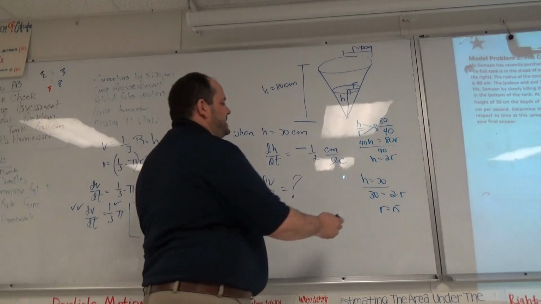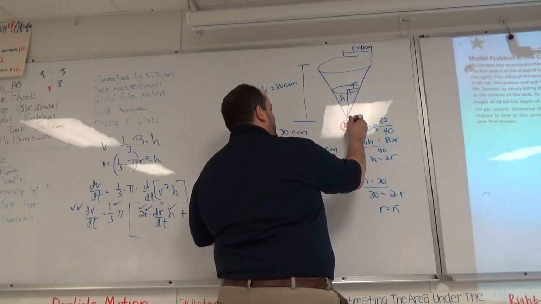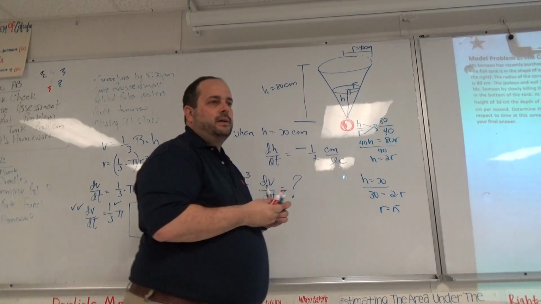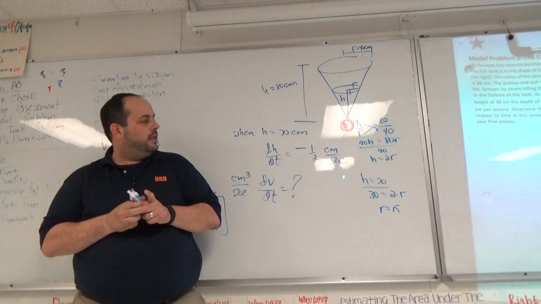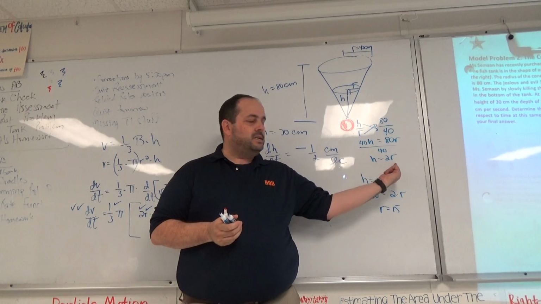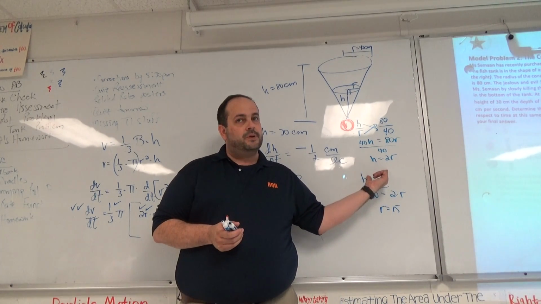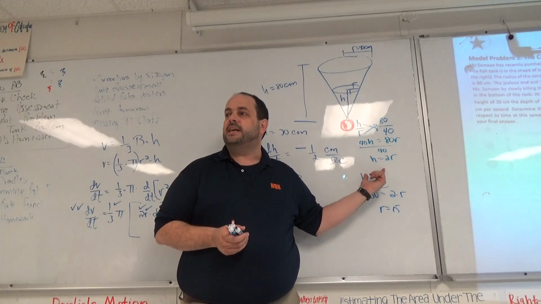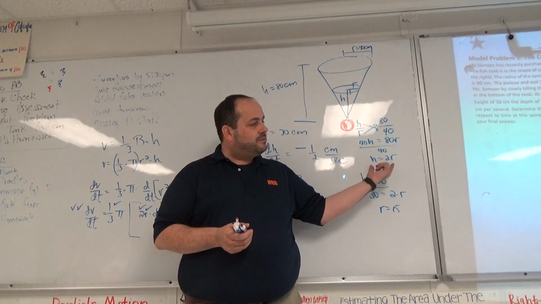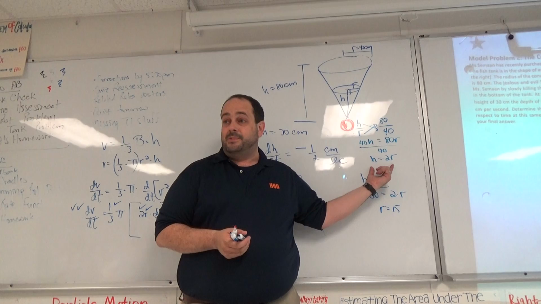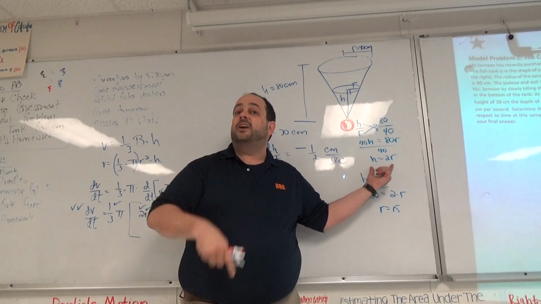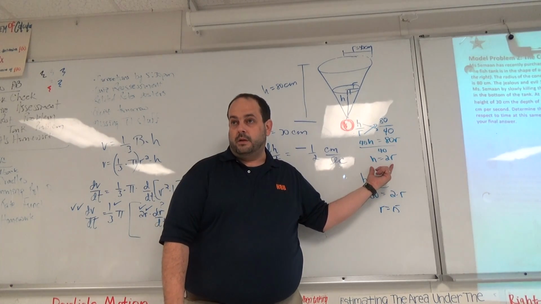And there's a reason why I wrote this guy over here in the way that I did. The height is equal to twice the radius. This is a relationship that's going to be true all the time. If this is a relationship that's true all the time, the good news, I can go take the derivative of this.